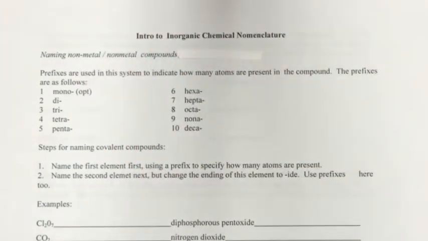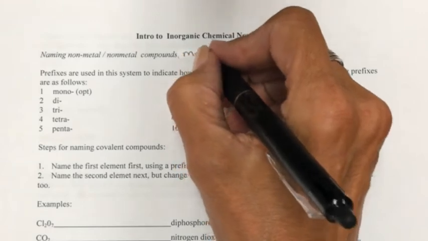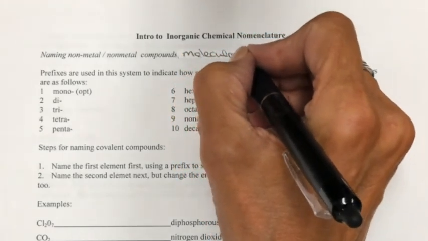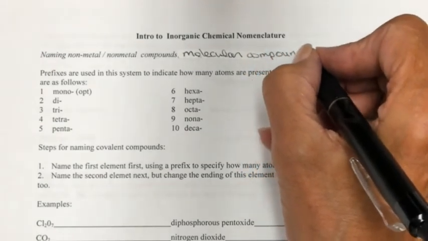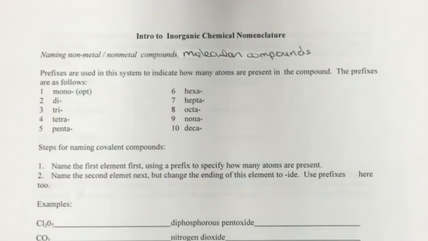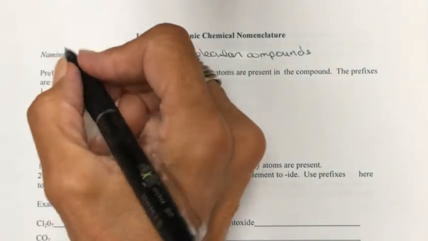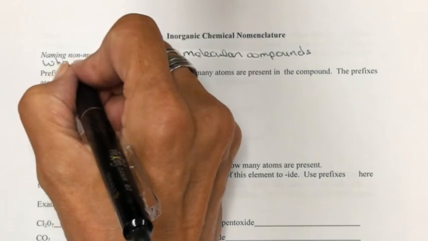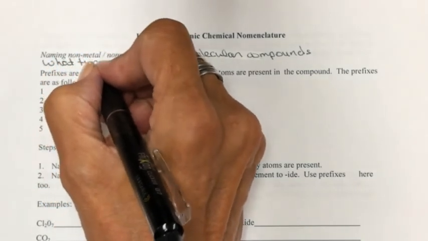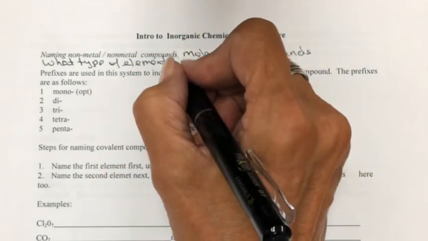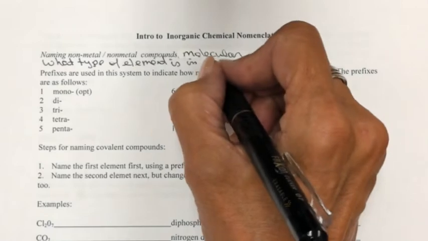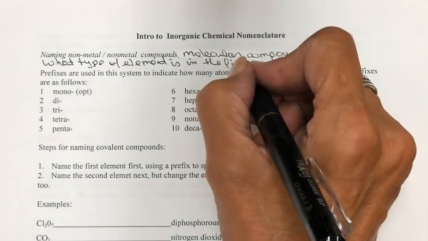These are molecular compounds, and basically the first thing I look at when I first see a chemical formula is what type of element is in the first position.